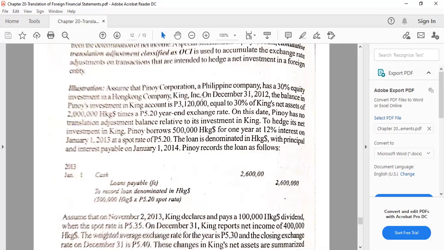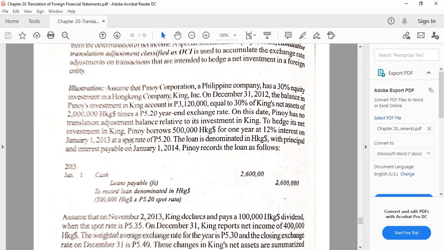So remember, in equity method, to compute the investment balance, we're going to add share in profits, deduct if losses, and deduct the share in the dividends from the foreign operation or from the associate. That's under IAS 28, by the way, investments in associates and joint ventures. Then that's coming from 2 million times 5.2. On this date, Pinoy has no translation adjustment balance relative to its investment in King.